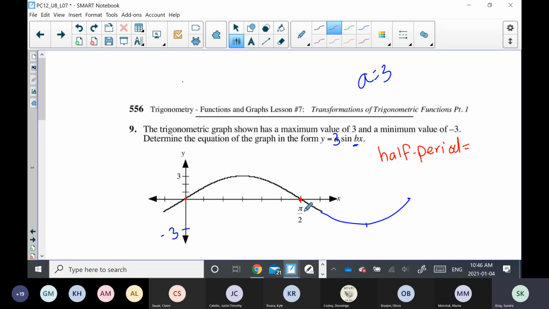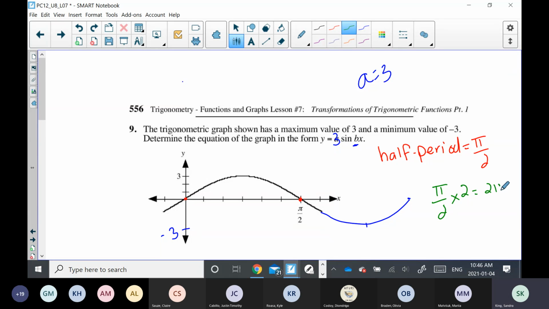So half the period is pi over 2. If I said, well, what's one full period? If this is half a period, you would take that number and multiply it by 2, right? If half the period is pi over 2, where this is going to finish is pi, the period would be pi over 2 multiplied by 2.